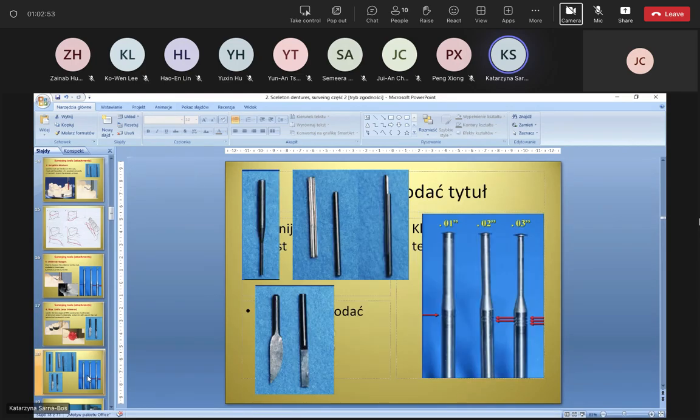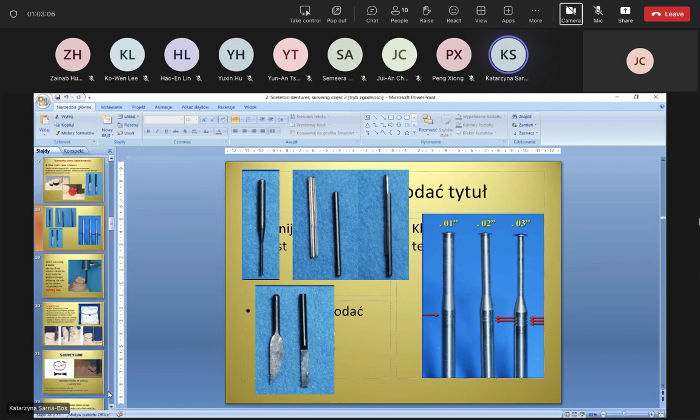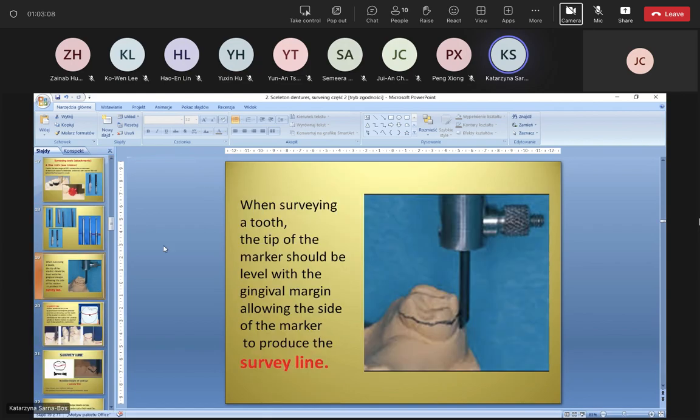So here you see those elements: the analyzing rod, graphite markers, undercut gauges, and trimming wax knives.